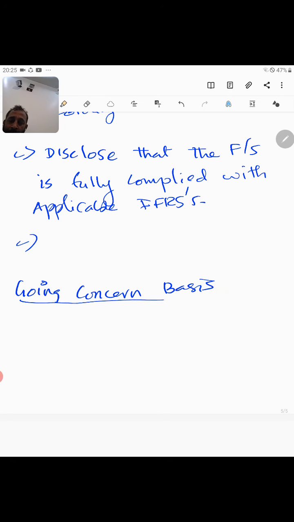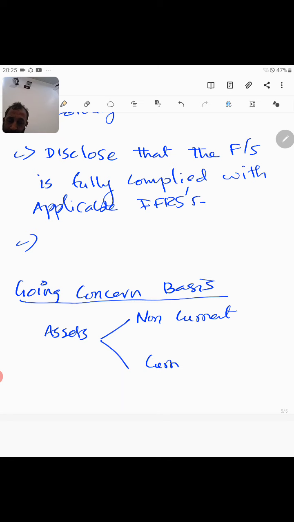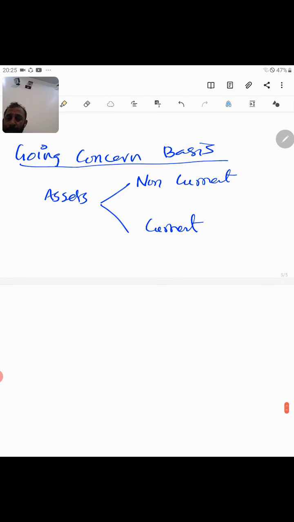Now, under the revised IAS 1, the way we organize our statement of financial position, we do a classification of the assets. We classify as non-current and current. Also, the liabilities we classify as non-current and current.